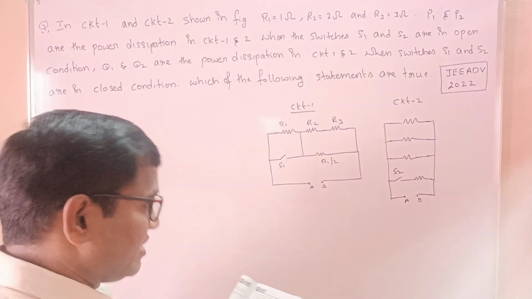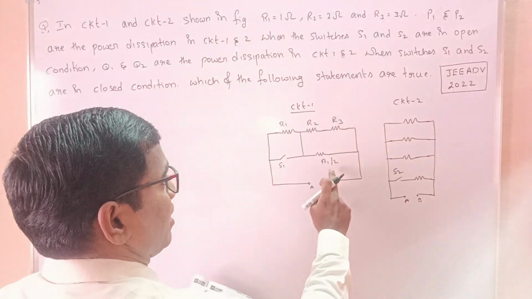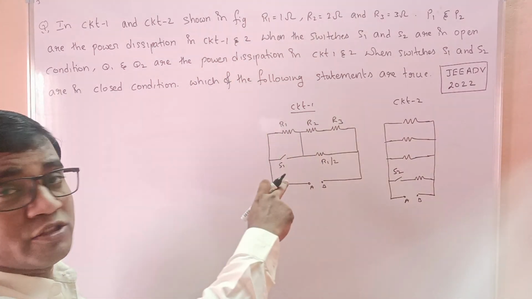Here R1, R2, R3 and R1 by 2 are given, so I will substitute the values directly.